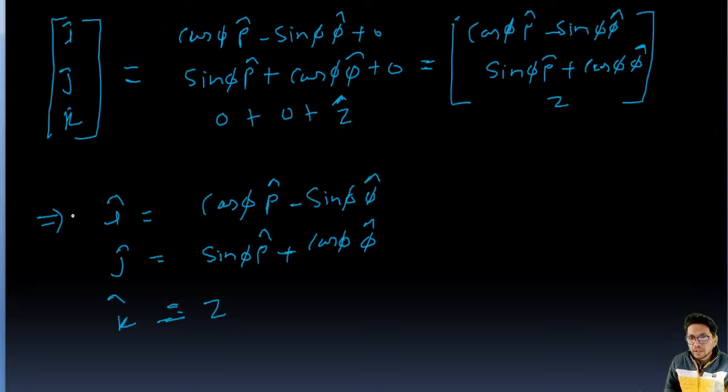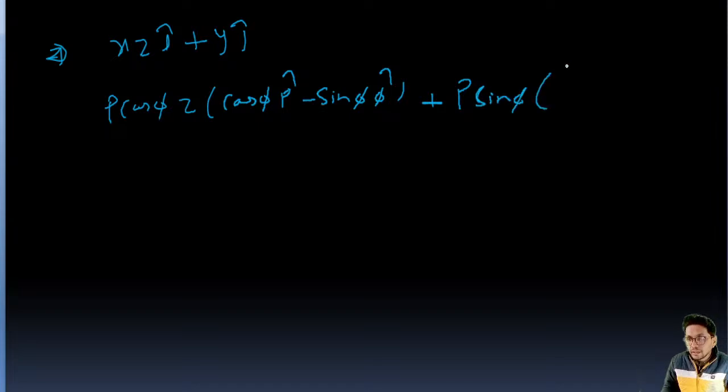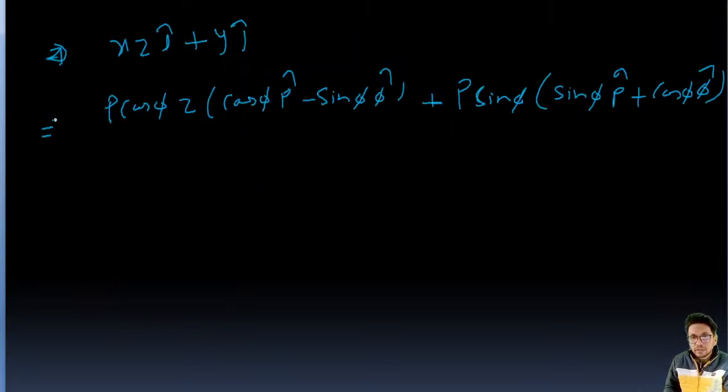So this is going to be I cap, which is cos phi rho cap minus sin phi phi cap, plus the value of y, which we know is rho sin phi, and j cap, which we have already found, sin phi rho cap plus cos phi phi cap.